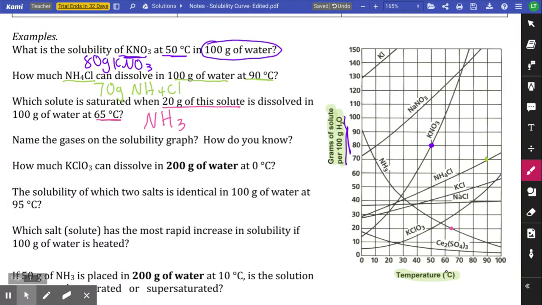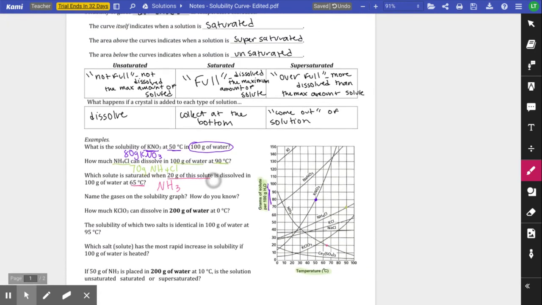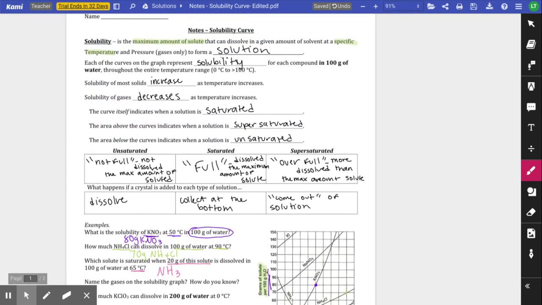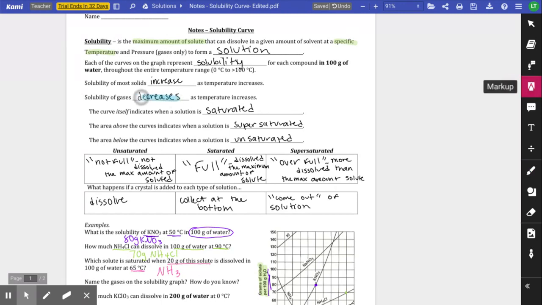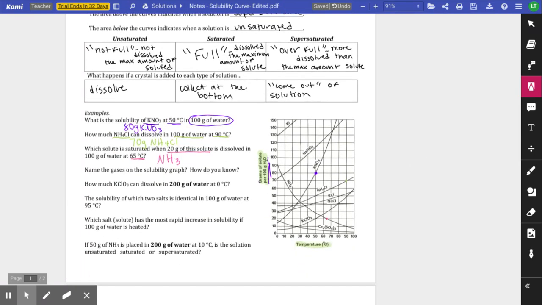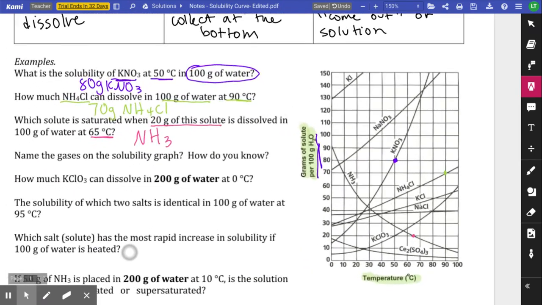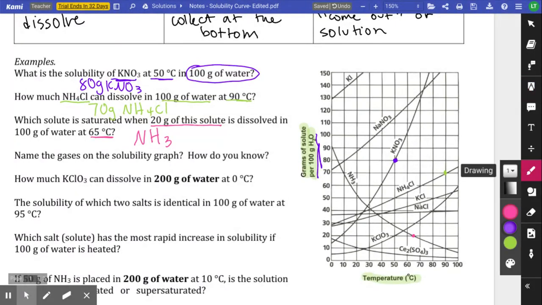All right. Now it wants us to name the gases on our solubility graph. One thing we talked about earlier, if you remember, is that the solubility of most gases decreases as temperature increases. So when I'm looking for which are my gases on my graph, I'm looking for whose solubility is decreasing.